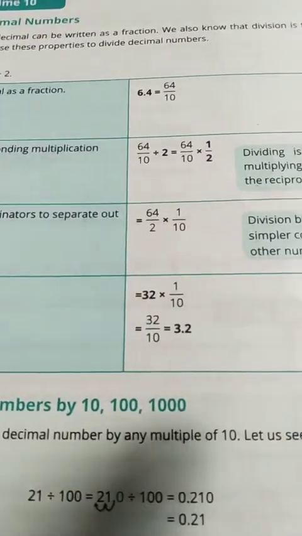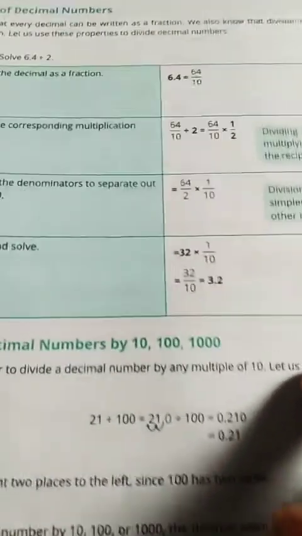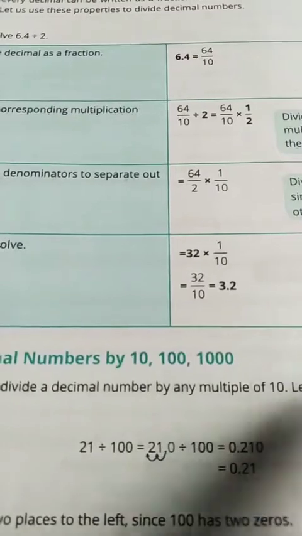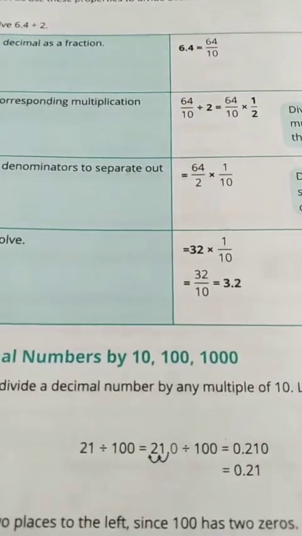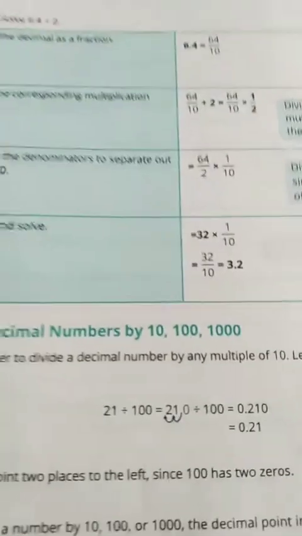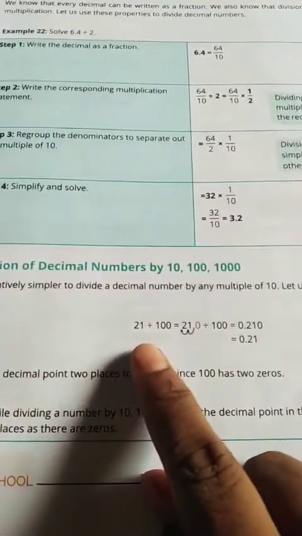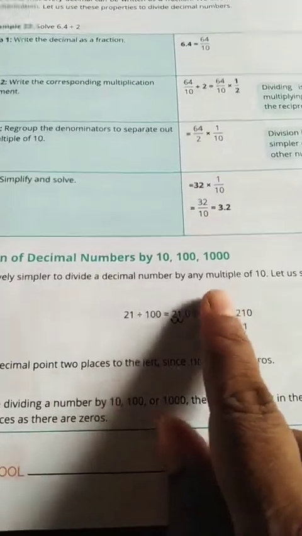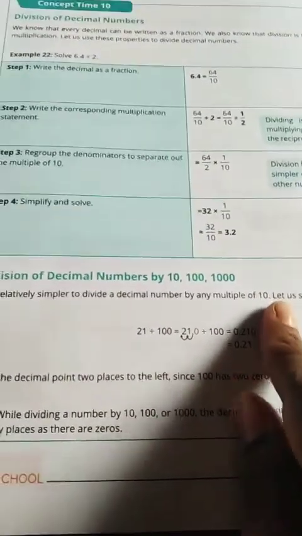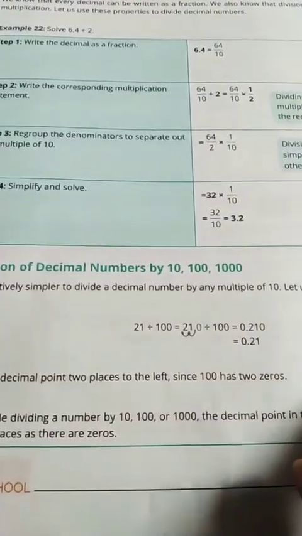Or else you can divide by ordinary division also. You can divide and then place the decimal point in the appropriate place value. That is very, very important, children. And another method to solve: whenever you get division by 10, 100 and 1000, when you multiply, the decimal point moves forward as I said.